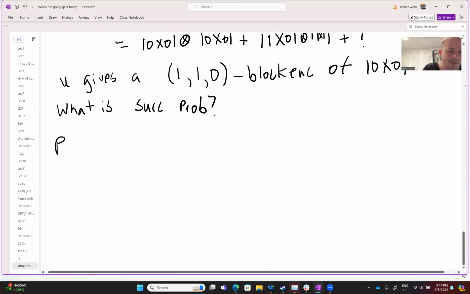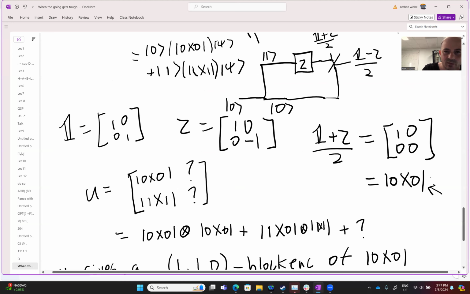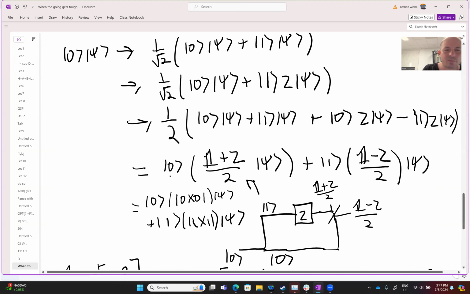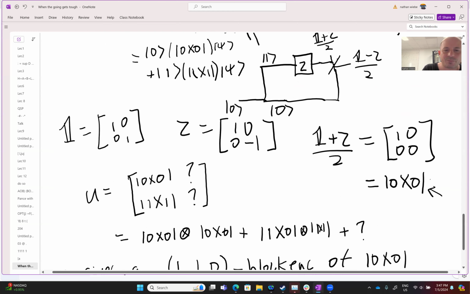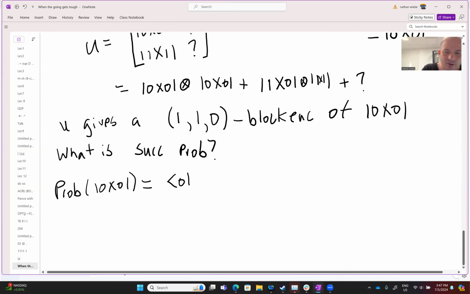The probability of applying the projector onto 0 in this language is then just equal to the inner product between 0 over here, and also psi, projection onto 0, times the 0 tensored the projection onto 0 psi.